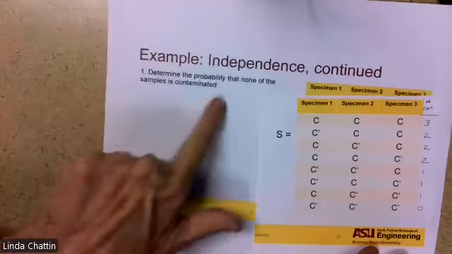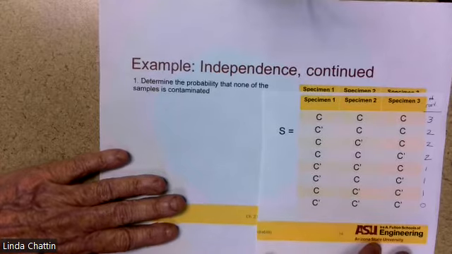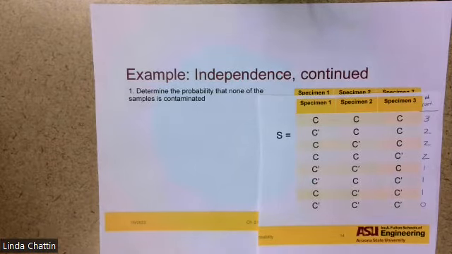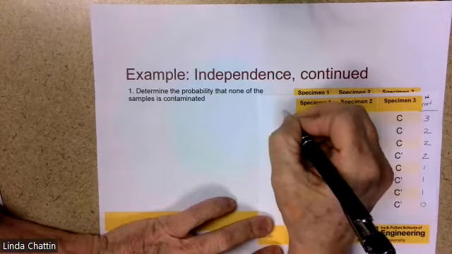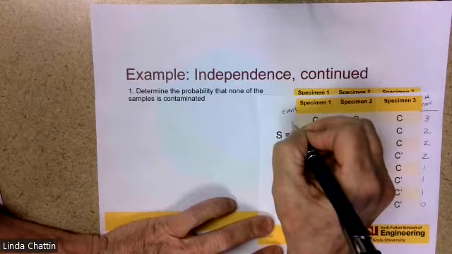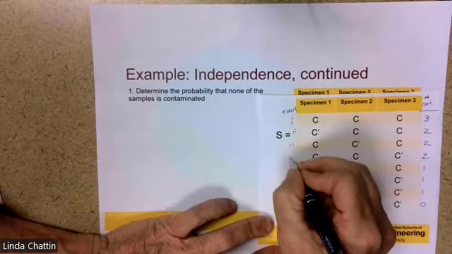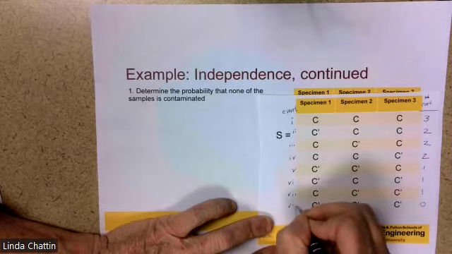So what we want to do is determine the probability that none of the samples is contaminated. None means 0, right? So what I'm interested in is which one of these events here, and in fact, I'm going to number these as events, using Roman numerals 1, 2, 3, 4, 5, 6, 7, and 8.